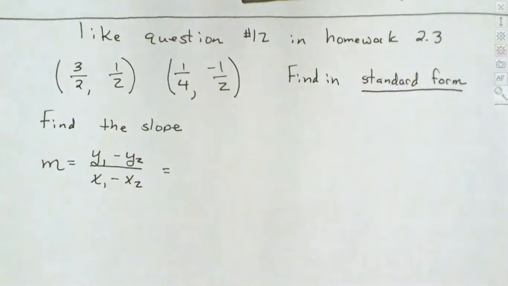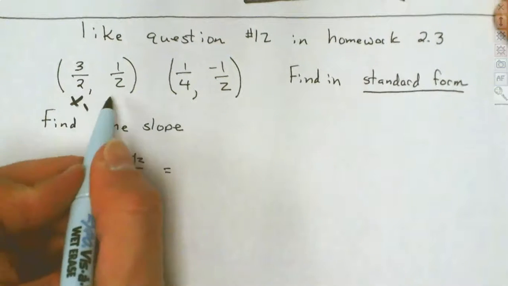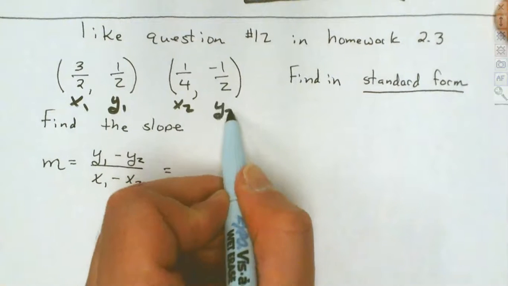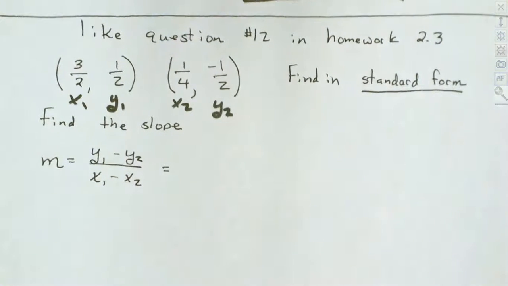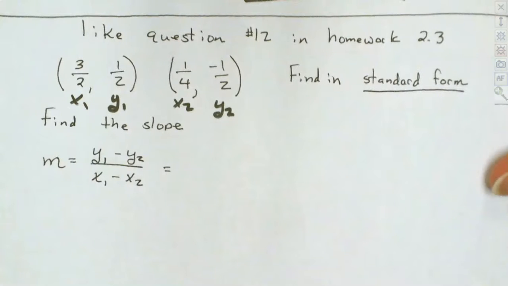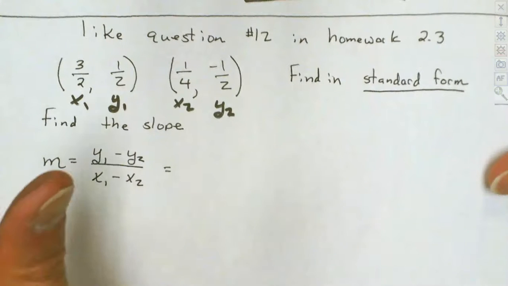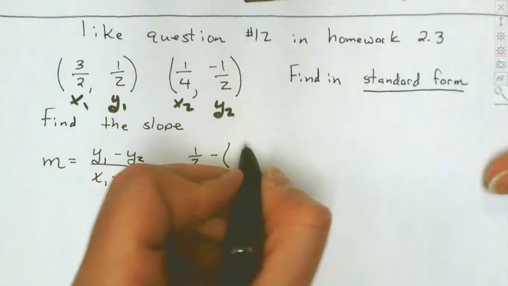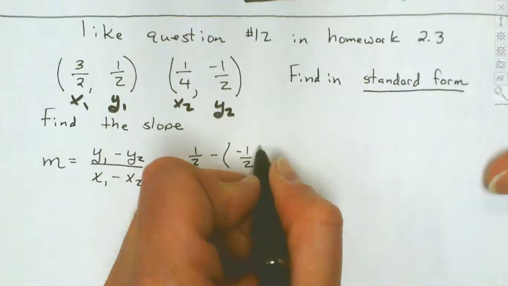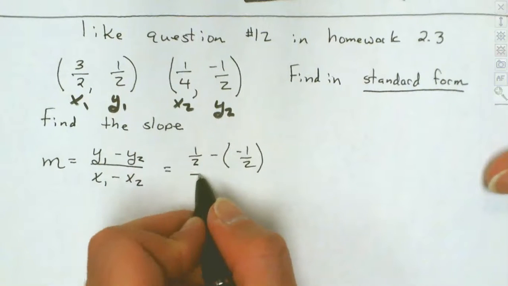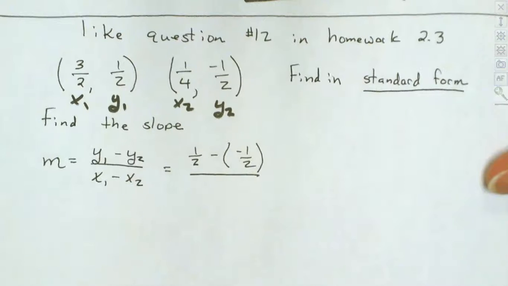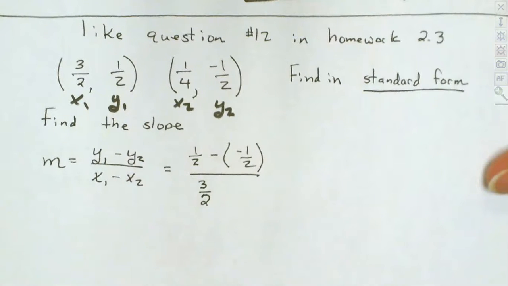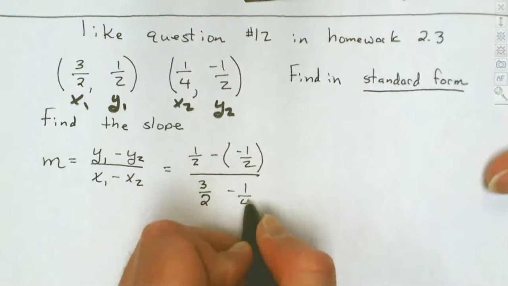Always label your ordered pairs x1, y1, x2, y2. And so what do we have on the top? And watch for double negatives. We have 1/2 minus a minus 1/2 for the y's. Down below we have 3/2, my mistake there, minus 1/4.